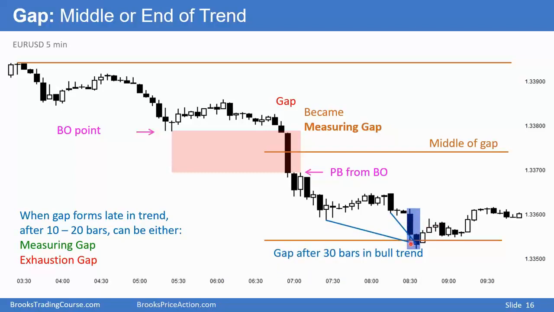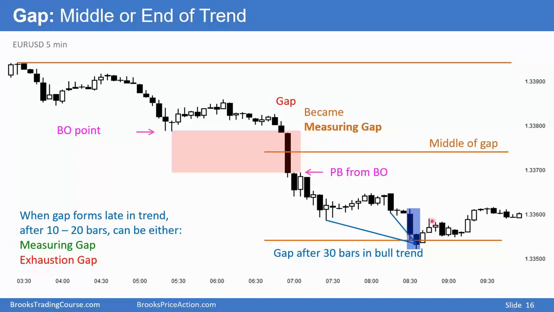Another big bear bar occurring about 15 or 20 bars after this one. Another follow-through bar, gaps from this close to that low and this low and this low, all breakout points, but the gaps ultimately closed, and this was an exhaustion gap late in a bear trend. An exhaustive sell climax does not mean a reversal into a bull trend.